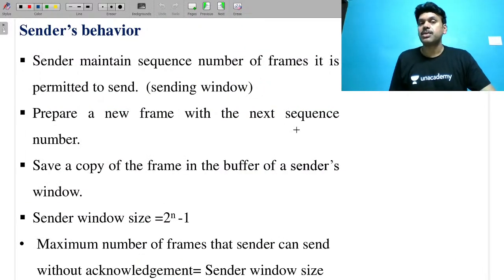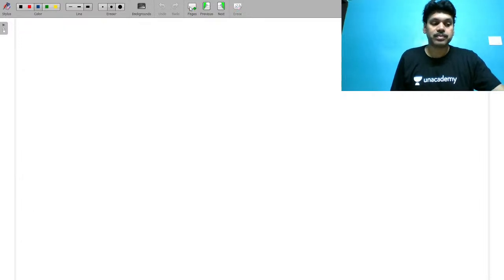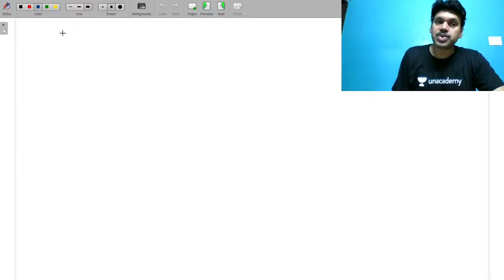My dear friends, first let me explain the sender's behavior. Now I am saying the sender would like to use a 2-bit sequence number.